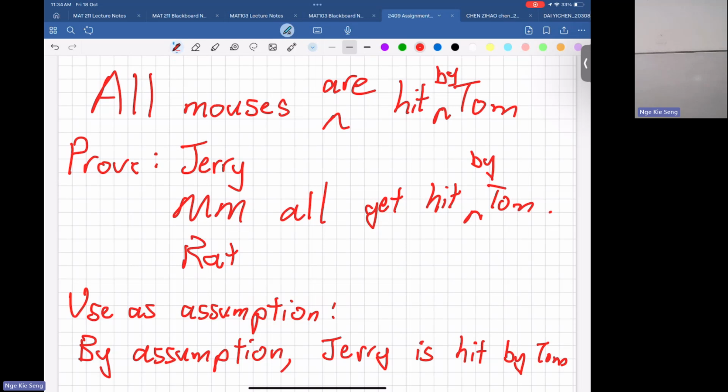No matter what mouse you have, all of them get hit by Tom. For there exists, you cannot specify which mouse. You only know that there's some mouse hit by Tom. But for all, you can specify now. That's why you learn universal specification in logic.